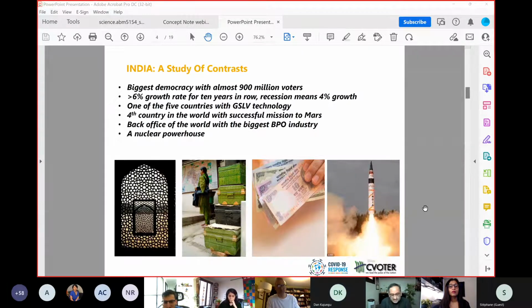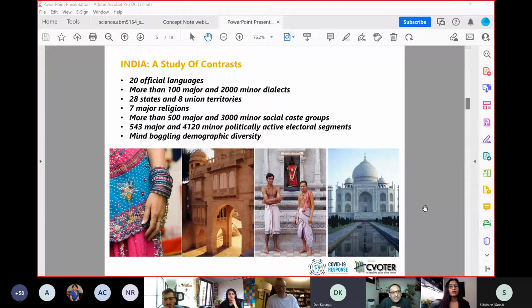And that is where you get the contrast of the country we are trying to map. We have 20 official languages, more than 100 major and 2,000 minor dialects. The majority of the major dialects stand as a standalone language in themselves. 28 states and 7 religions, 500 major and 3,000 minor social caste groups, a mind-boggling demographic diversity.